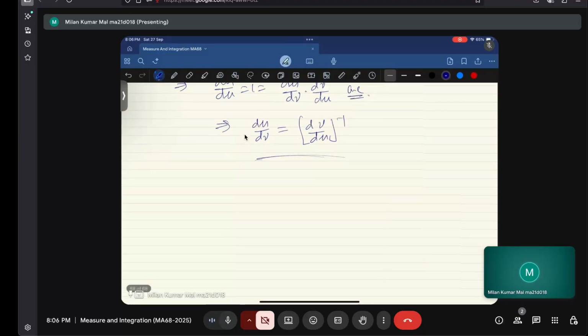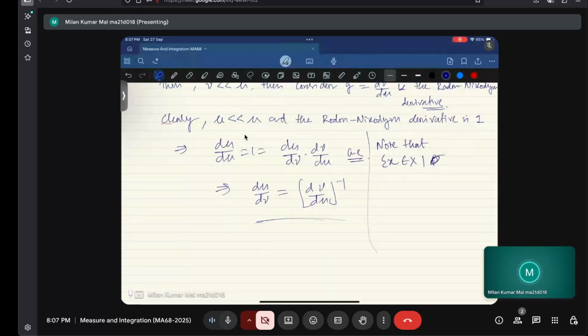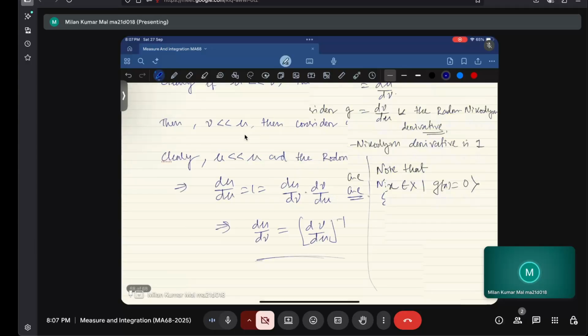Note that the set of x belonging to capital X such that g of x is equal to 0 has measure zero with respect to mu.